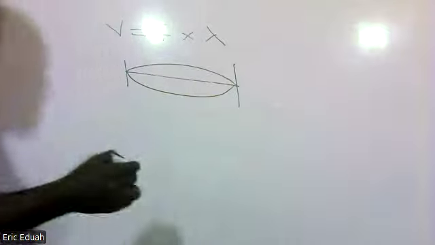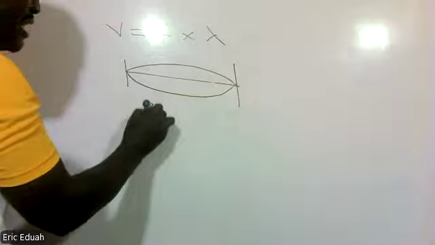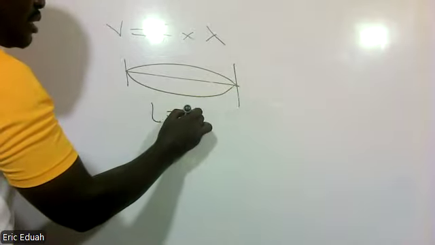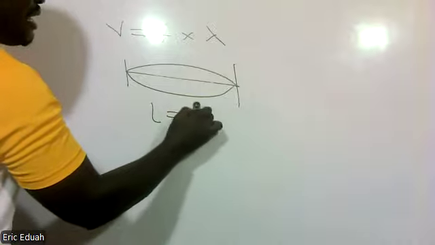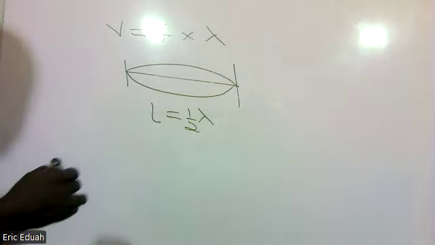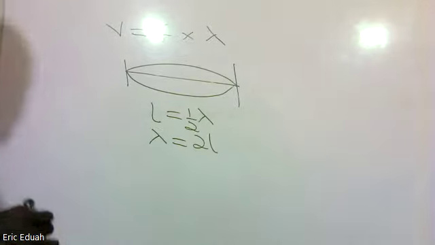We would have used, assuming we are asked to find the velocity and it's the first harmonic or the first loop, then L is equal to half lambda. So lambda in this case will be equal to 2L.